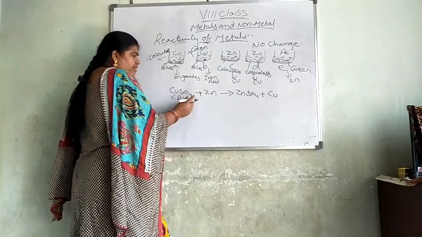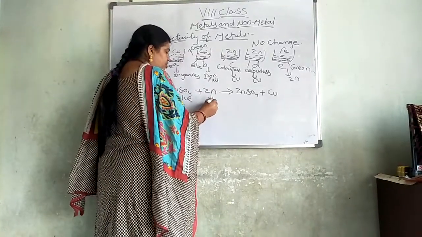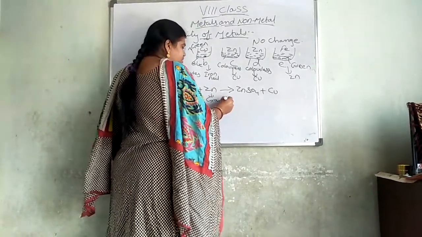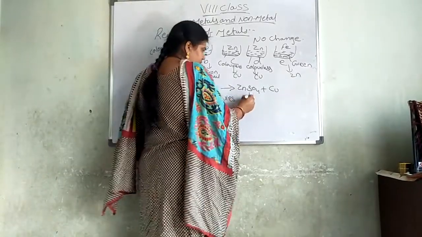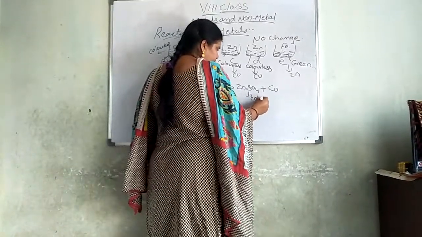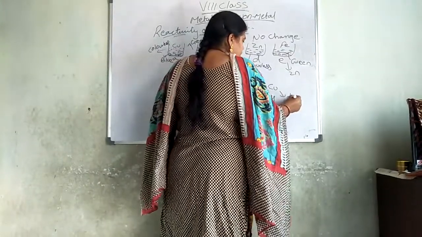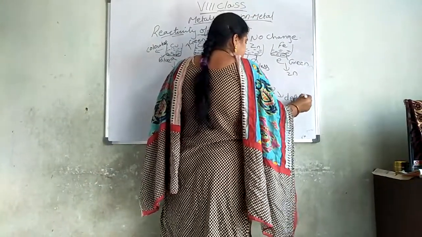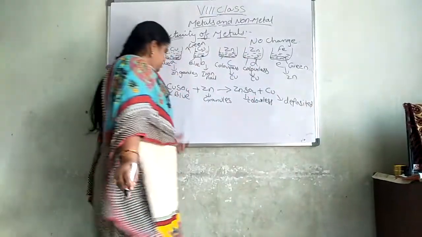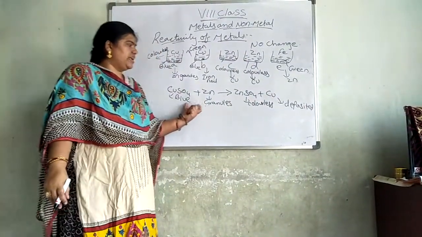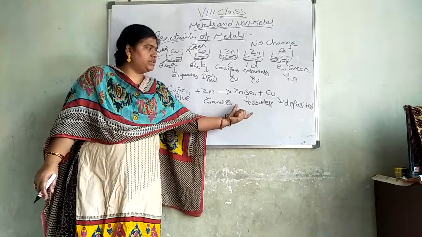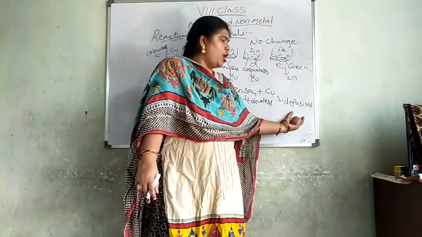When this reacts with the zinc granules, we will get zinc sulfate, which is colorless, and copper will be deposited down. So please try to understand: copper sulfate when reacted with zinc gives rise to zinc sulfate plus copper.